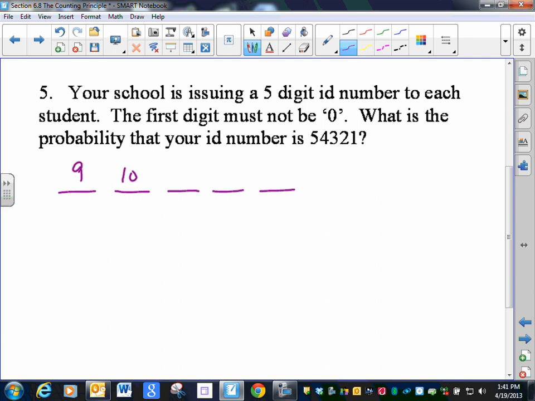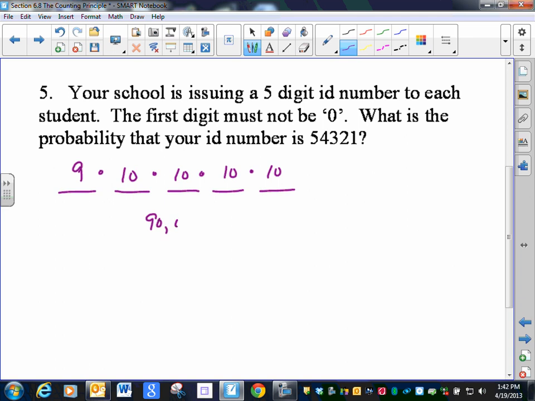But each of these other numbers has 10 possibilities. It doesn't say that we can't repeat a number. It doesn't say that there's any restriction at all. So if we multiply these together, we get 10 times 10 times 10 times 10 times 9, which is 90,000.